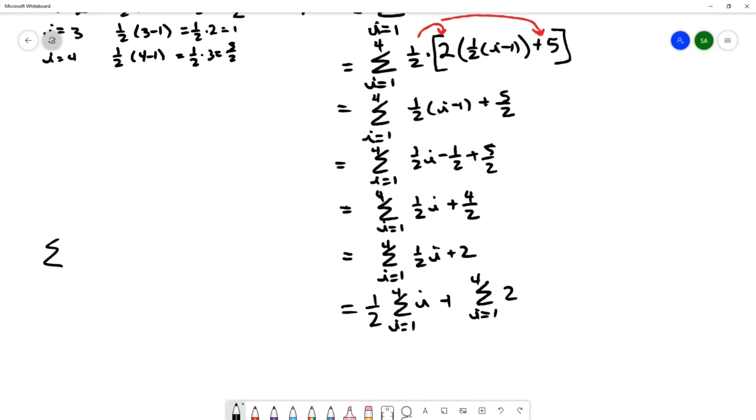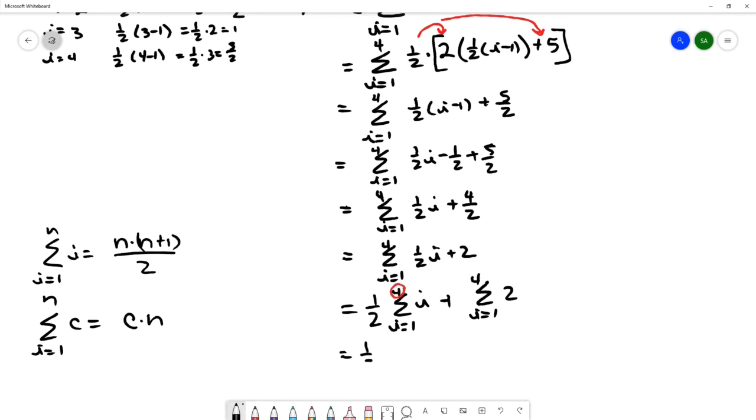The sum of i equals 1 to n of i is n times n plus 1 over 2. And the sum of i equals 1 to n of a constant is that constant times n. And remember, our value of n is 4, so that's what we're going to use in the formula. So we can do 1/2 times 4 times 5 over 2 plus 2 times 4.